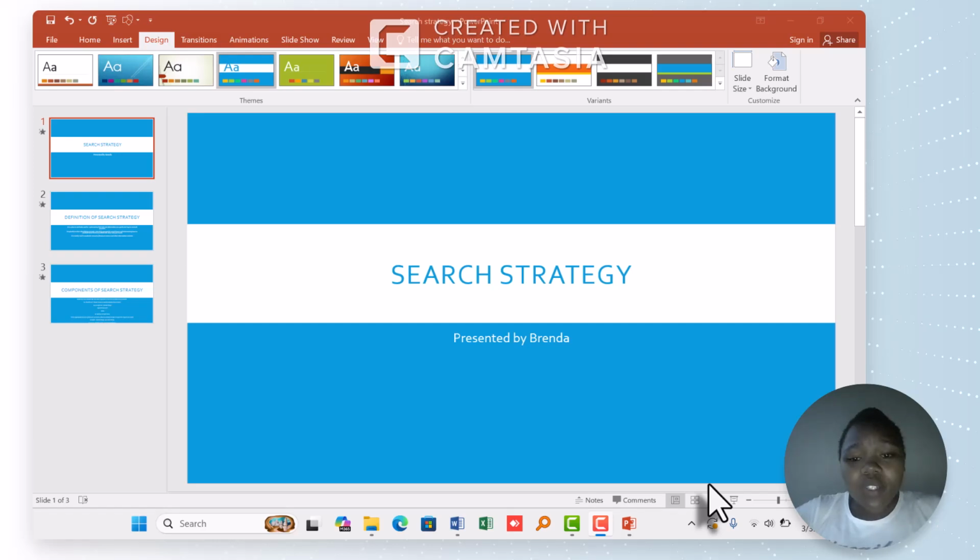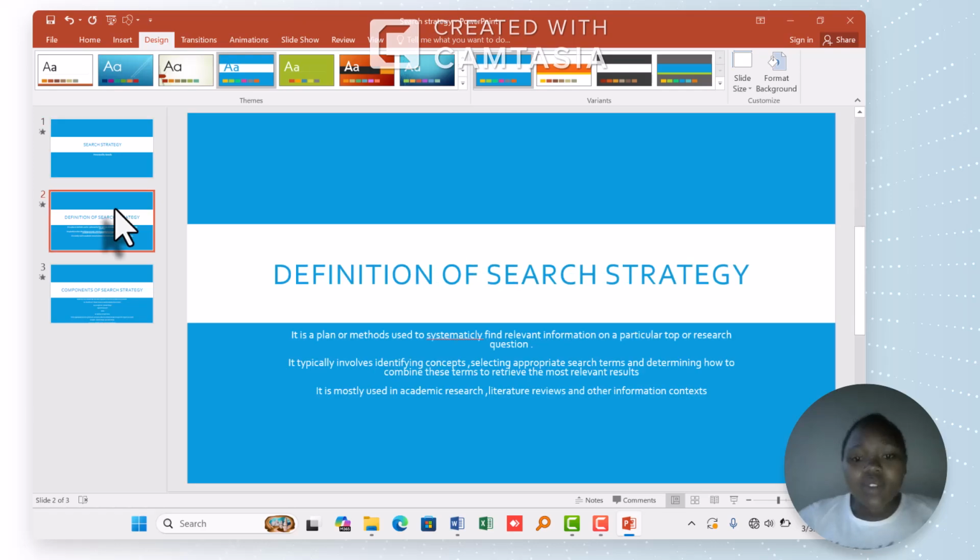We are going to see the definition of such strategy, we are going to see the components of such strategy, and we understand what such strategy means or what such strategy carries for us.